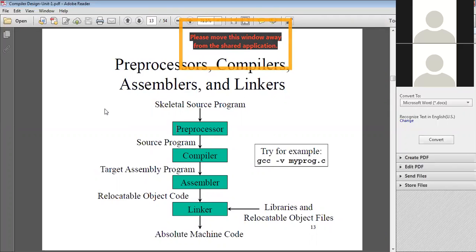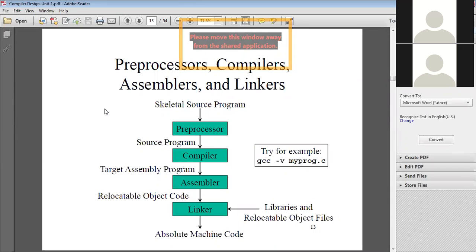Here you write the source program, then it goes to the first phase, the preprocessor. Whenever you start to write the program, you use the preprocessors. Again, input is the source program. After writing the program, it goes to the compiler so that the source program is converted into the machine language.